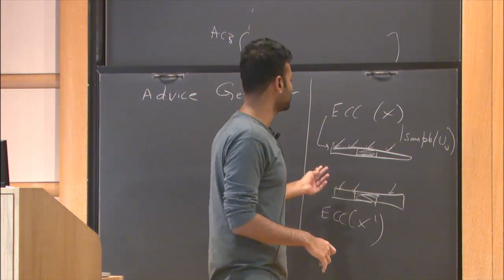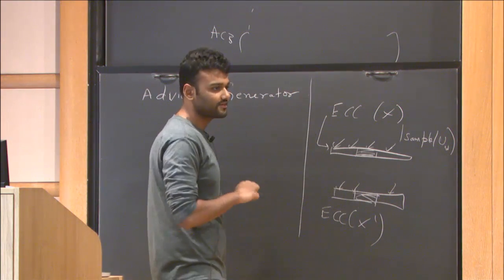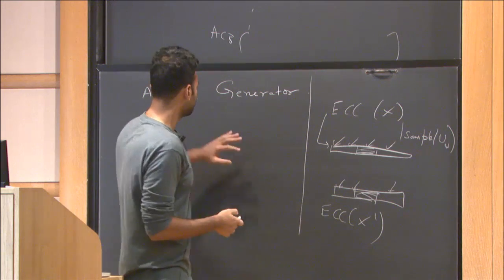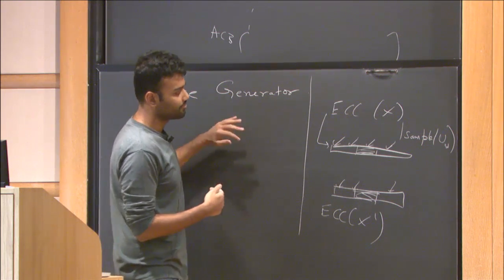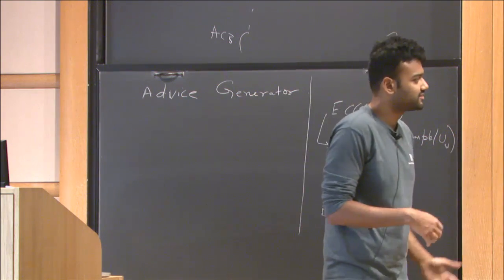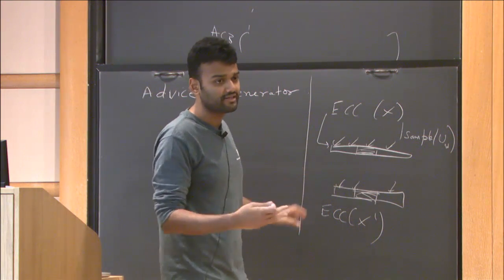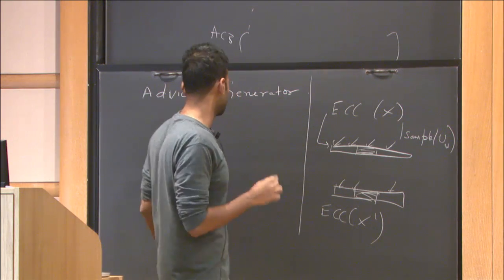I could pose it as, so the advice generator is a very separate problem to state. These things are much weaker than non-malleable extractors, but all this correlation business kind of shows that if you can accomplish this weaker task, then you can actually get non-malleability.